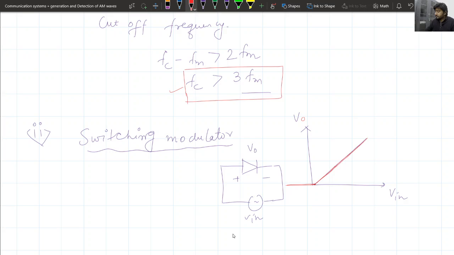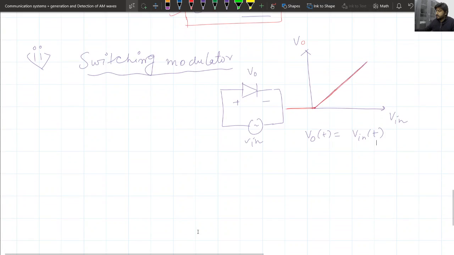That means the output will be equal to the input voltage in the case of forward biasing, and for negative values of Vt, the output is 0 in the case of reverse bias.